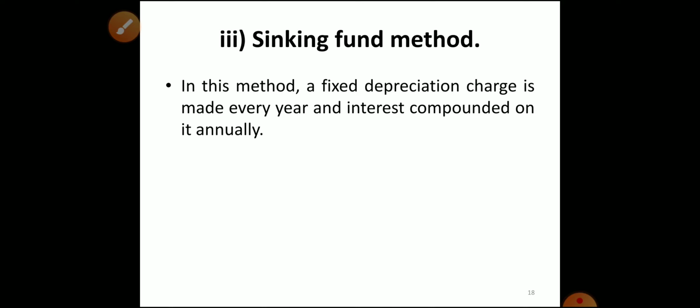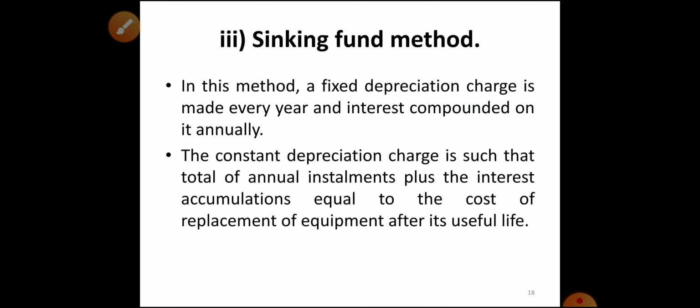That was not considered in the first two methods. The constant depreciation charge is such that the total of annual installments plus the interest accumulation equals the cost of replacement of the equipment after its useful life.